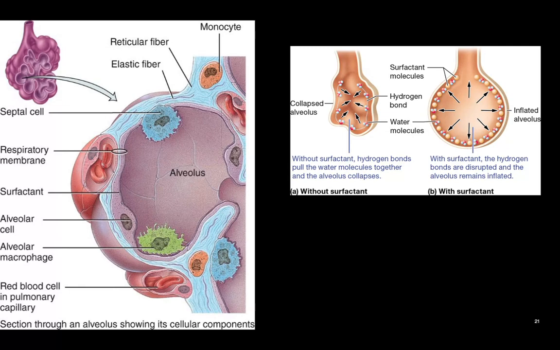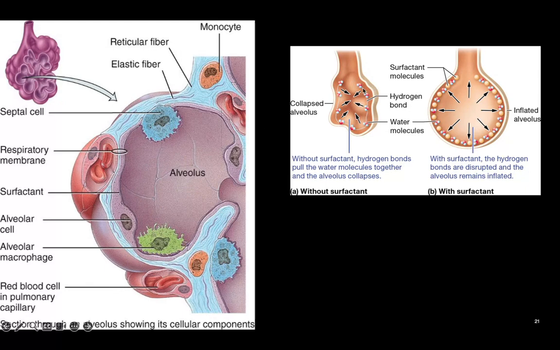This type of fluid is going to help keep the alveolus from collapsing on itself, right? I mean, think about it. It's just this thin little layer, very few cells, one single layer. How does it keep from collapsing in on itself? It's because of the septal cells, because of the surfactant that they secrete.